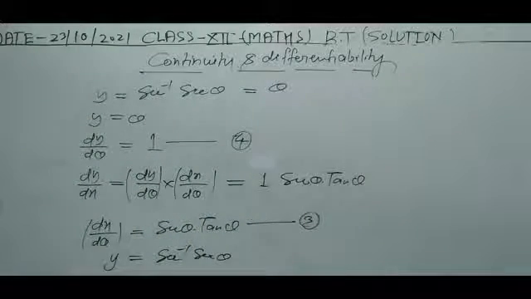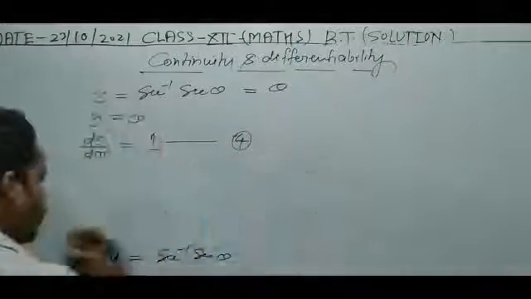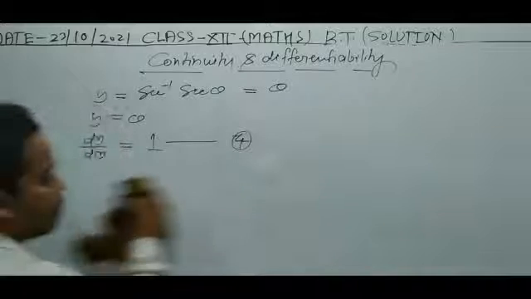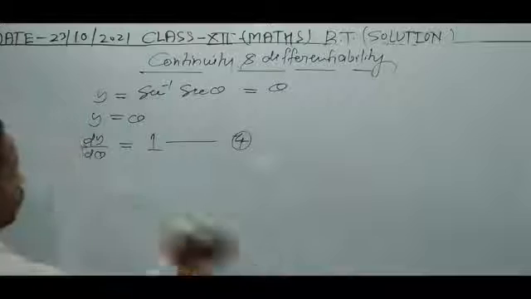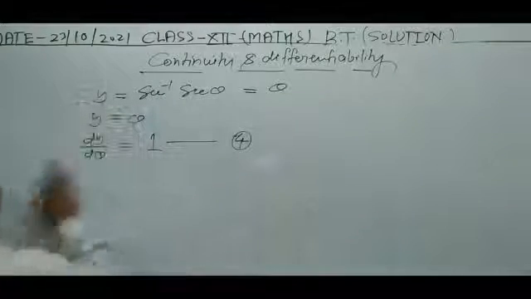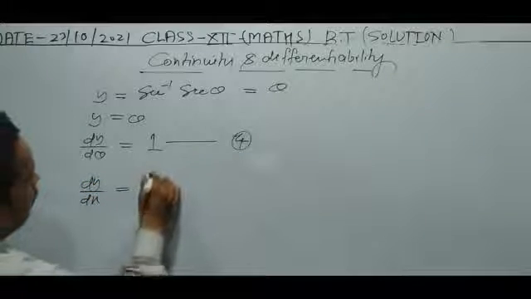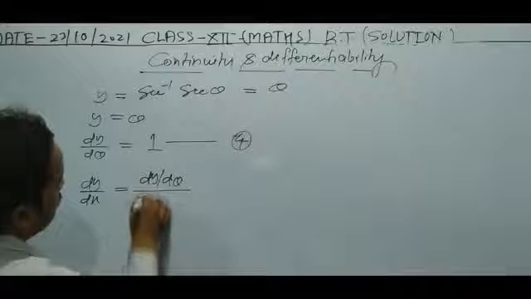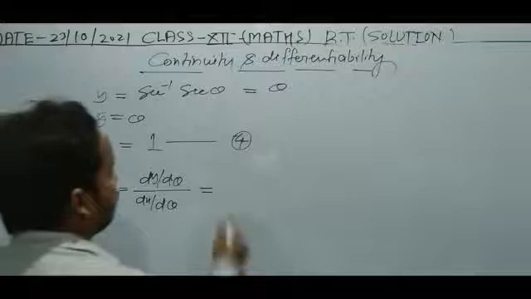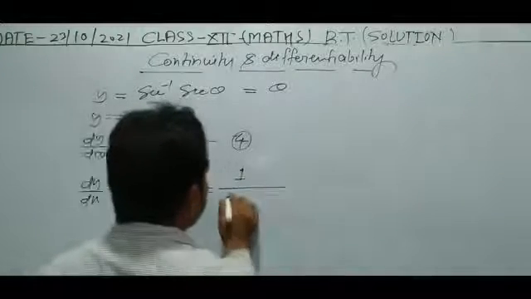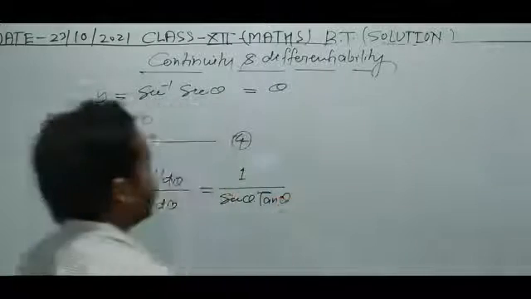This is in implicit form, so not multiply. So dy by dx we can write dy by d theta whole upon dx upon d theta, and this result is 1 whole upon sec theta into tan theta.